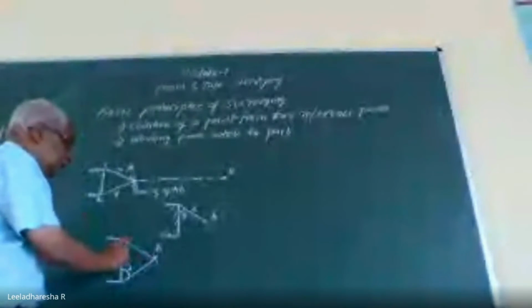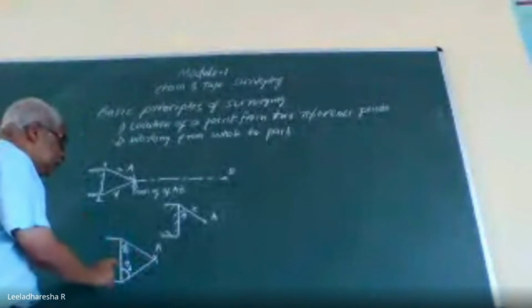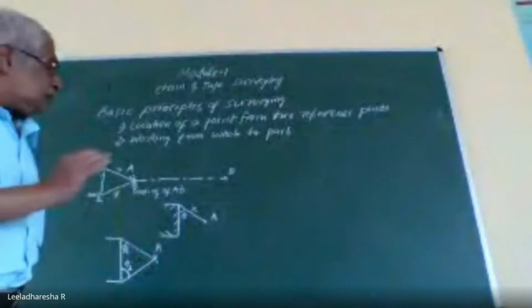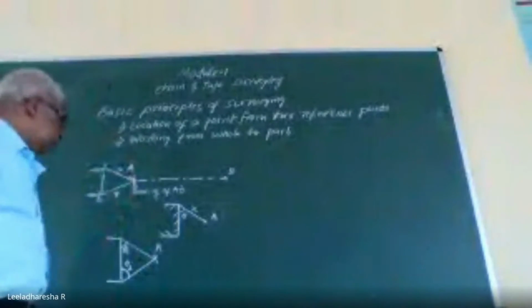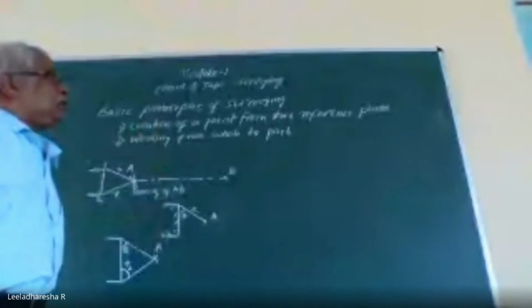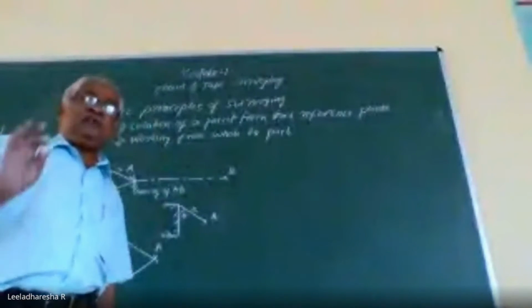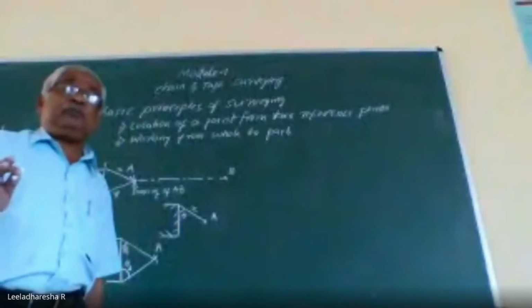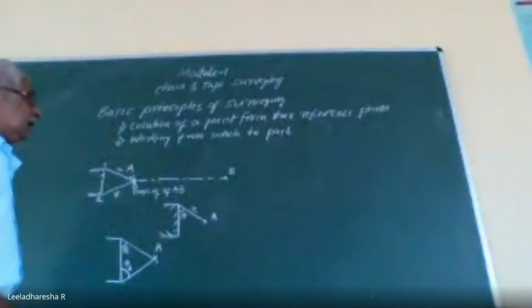So if theta 1 and theta 2 are known to me, I can locate point A by measuring theta 1 and theta 2 using a compass. This method is called location of a point from two reference points, and this principle we call the first basic principle of survey.